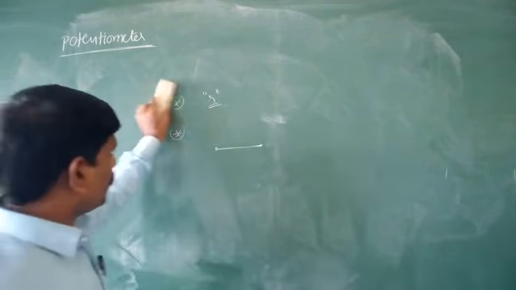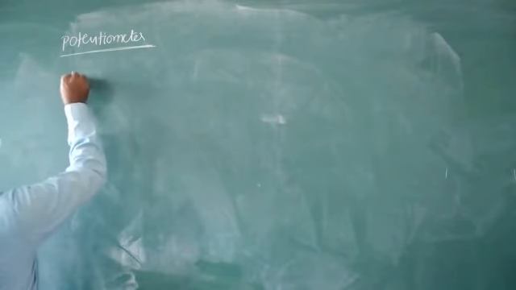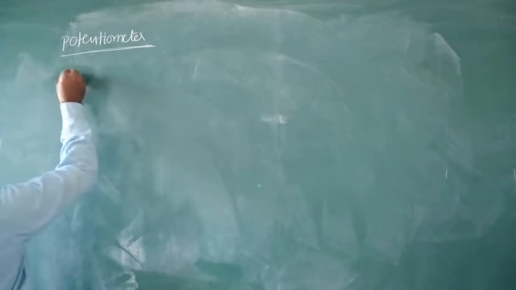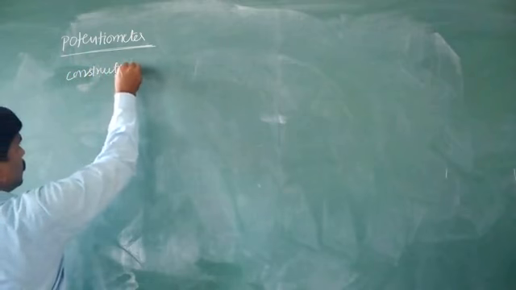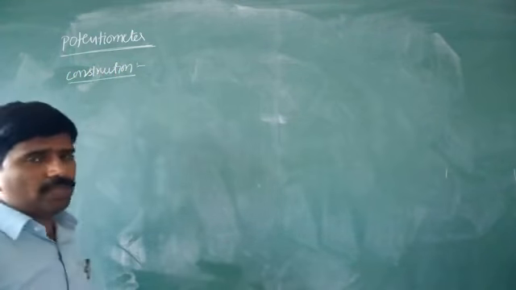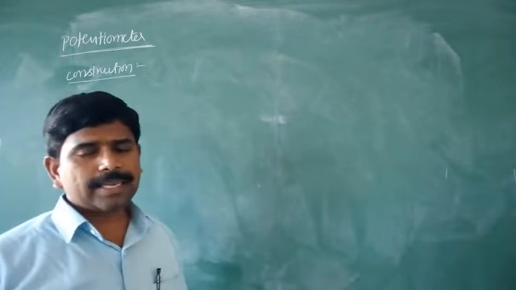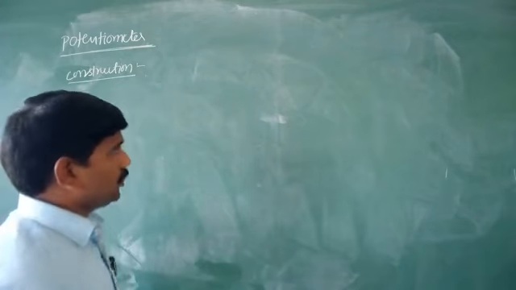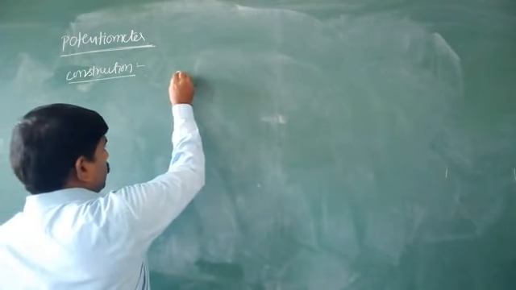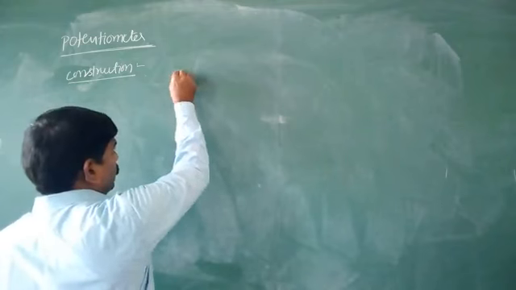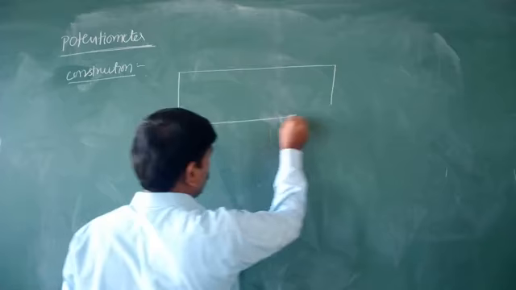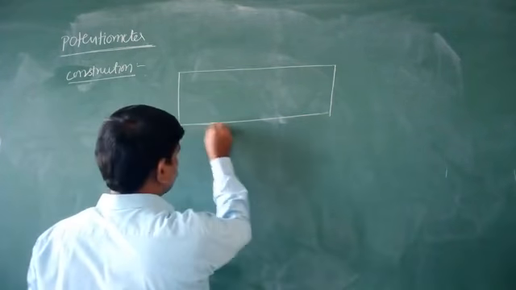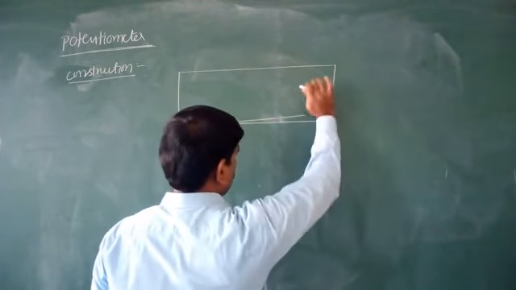So here, first of all, construction. What is the construction? In the construction of the potentiometer, this potentiometer consists of a 1 meter wooden board.